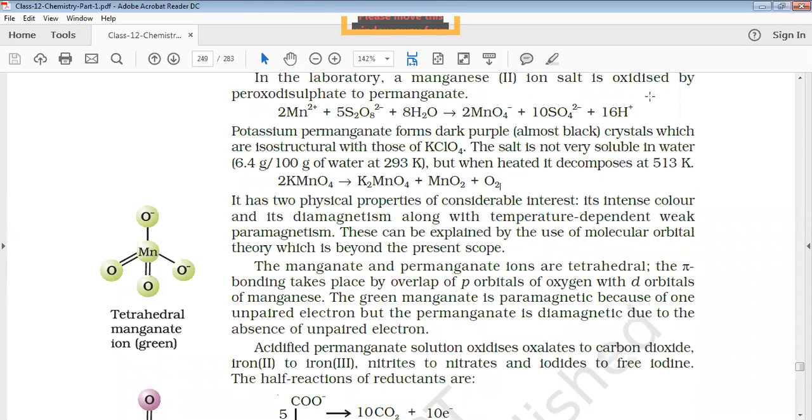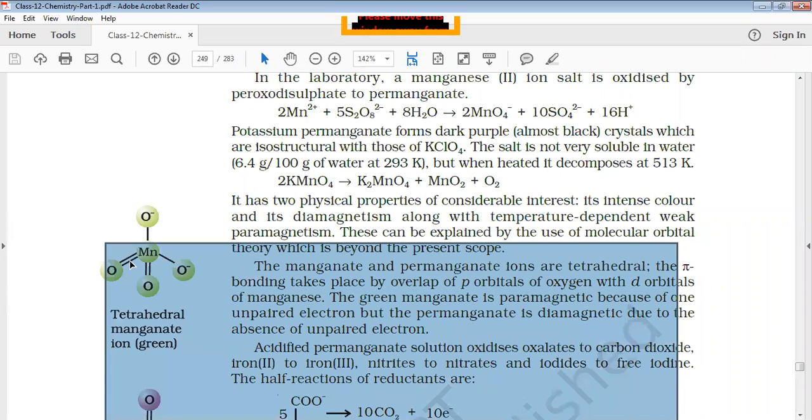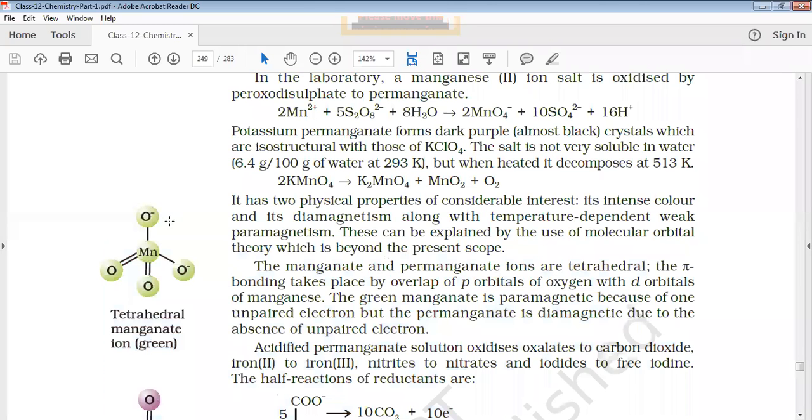Iso structure means almost having the same structural features. ಅಂದ್ರೆ ಇಲ್ಲಿ permanganate structure ನೋಡ್ತಾ ಇದೀರಾ ಅಲ್ವಾ. So you can compare this structure with your KCl4 structure. It means to say your potassium chloride structure ಕೂಡ ಇದನ್ನ you can give an account.